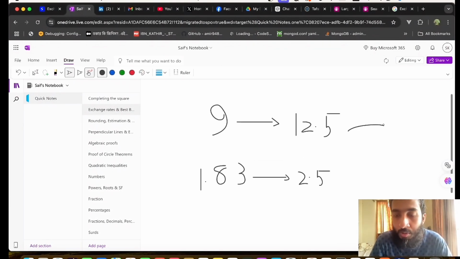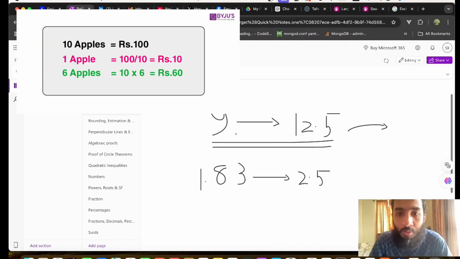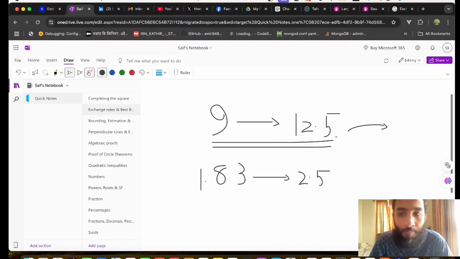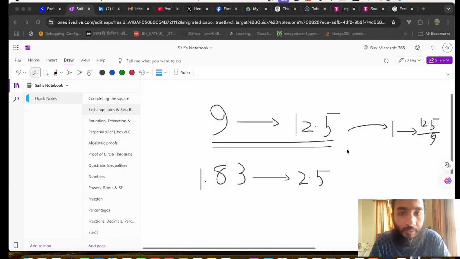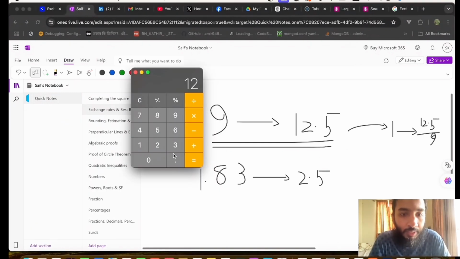In this deal, for £9 there is 12.5 kg. So for 1 pound would be what? 12.5 divided by 9 kg, right? If I use my calculator and divide 12.5 by 9, I get 1.388888.